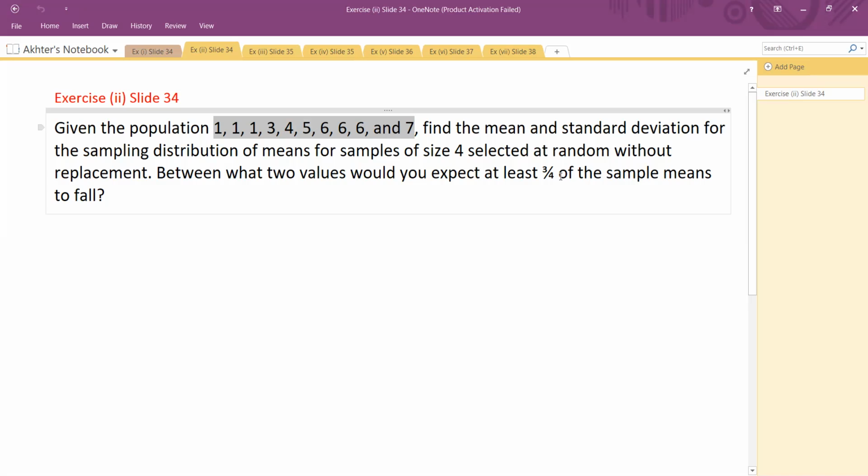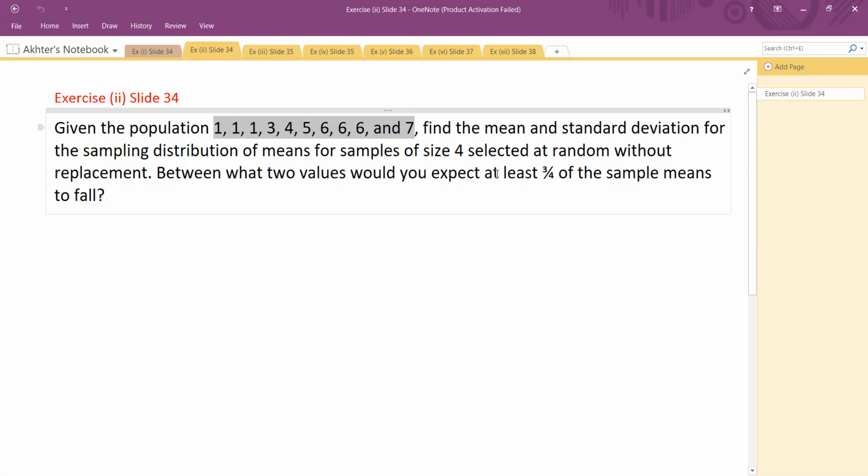Or we can take the advantage of Chebyshev inequality, because 75% of observations in a Chebyshev inequality will lie between mean plus minus 2 standard deviation. So according to that, we have to determine the mean and variance of the population, and then with the help of the mean and variance of the population, we can determine the mean and variance of the sampling distribution of mean by without replacement.